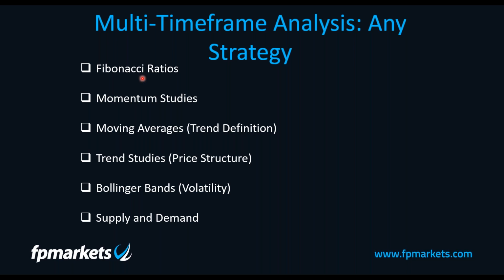And they're just awesome. If it's in line with the higher time frame picture, that's absolutely fantastic in my opinion. If you have a Fibonacci ratio on, say, the weekly time frame, and some Fibonacci ratios in line with the direction gauged from the weekly time frame's Fibonacci ratios, then I think that's fantastic. But you can also use momentum studies, as one of the attendees just recently commented on.